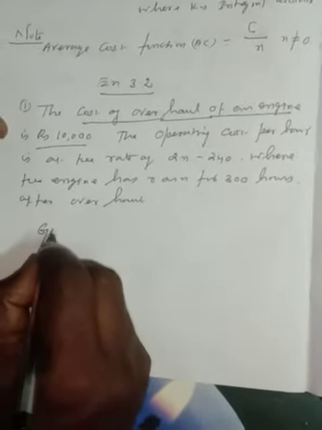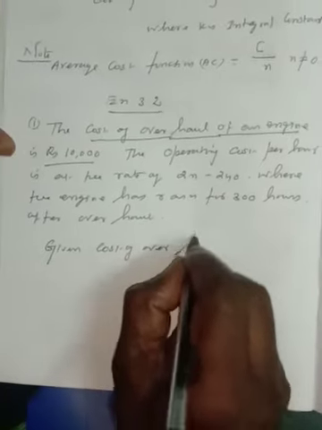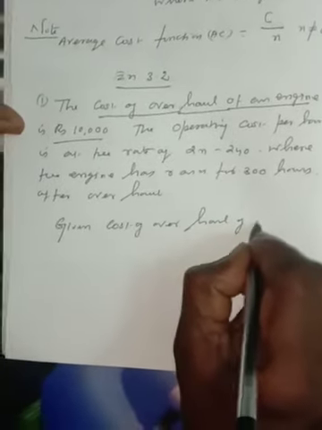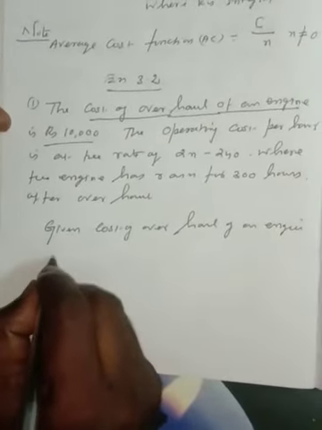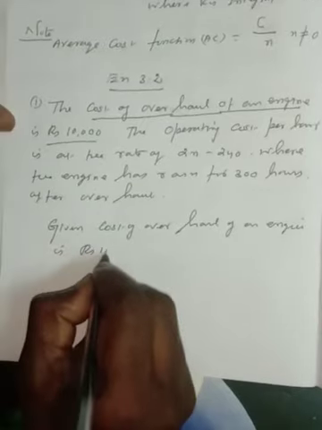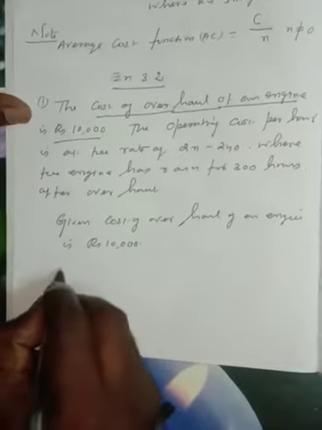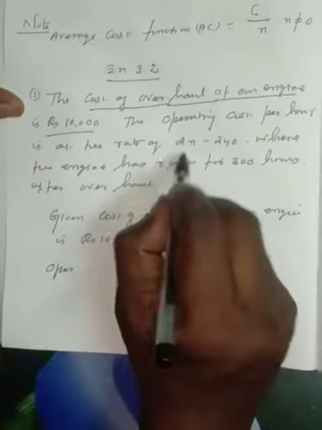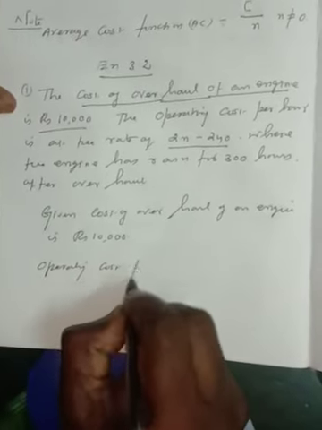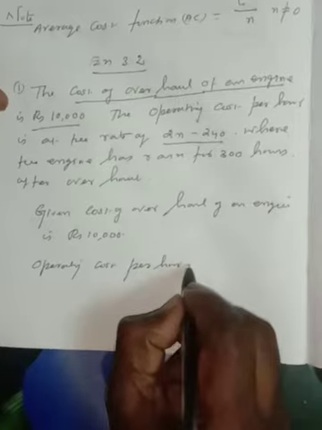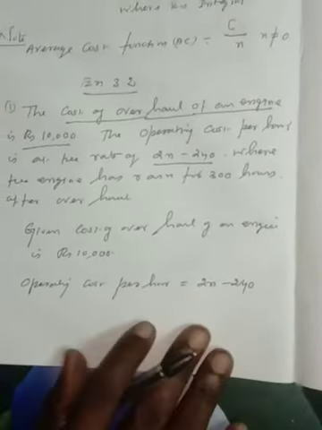The operating cost per hour is equal to 2x minus 240.